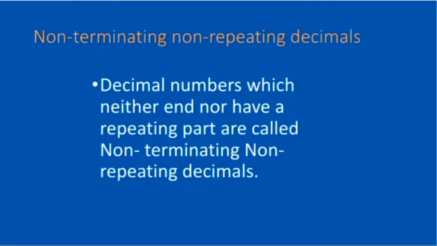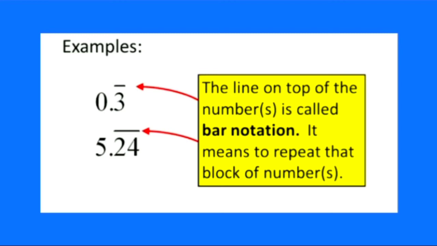If there is no repeating pattern and the division is going on without ending anywhere, then the decimals are known as non-terminating, non-recurring decimals, which you will learn in later classes in more detail. The digits repeated are shown under a bar, as you can see in the slide. The bar here indicates the number of digits which are repeated in that decimal.